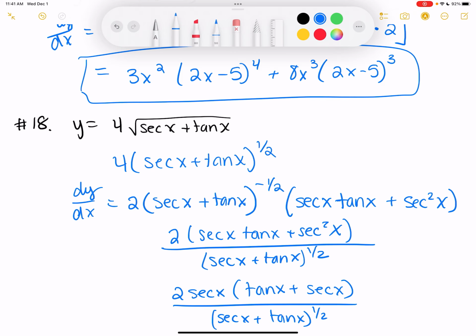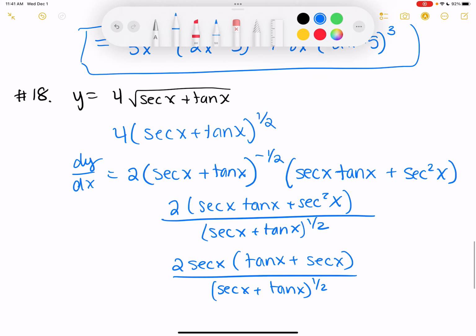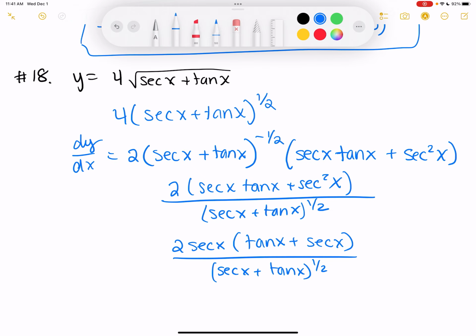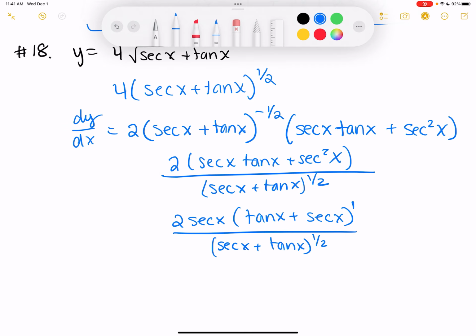Now, your book technically goes one step farther than this. You can consider it that they pulled stuff out up here. They take this and they say, since tangent of x plus secant of x is the same as this on the bottom, this is raised to the first power, so they subtract this off. So they get 2 secant of x times the square root of tangent of x plus secant of x, because 1 minus 1/2 leaves you with 1/2.